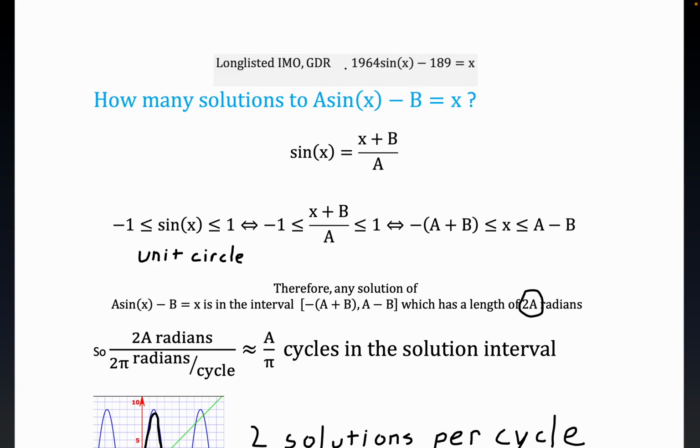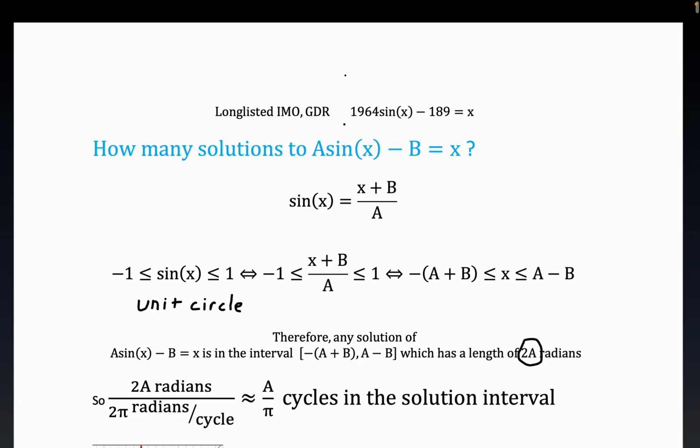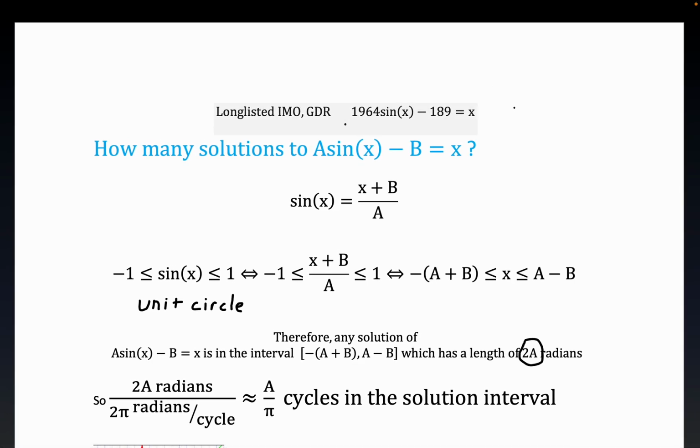But from what we just developed right here, the number of solutions would just be the floor of 1964 divided by pi. And y'all, I used the constant 355 over 113, I think, when I was doing some of my work on this.